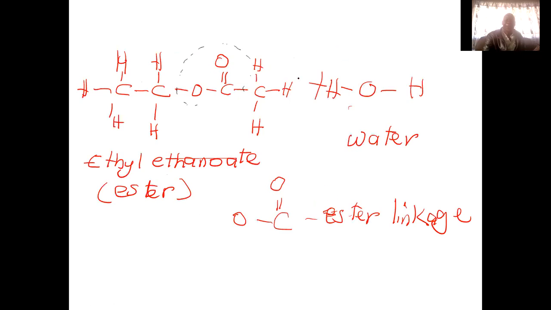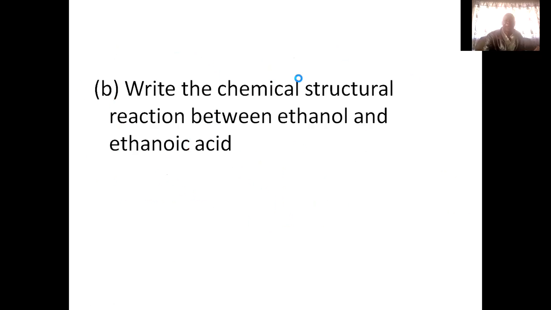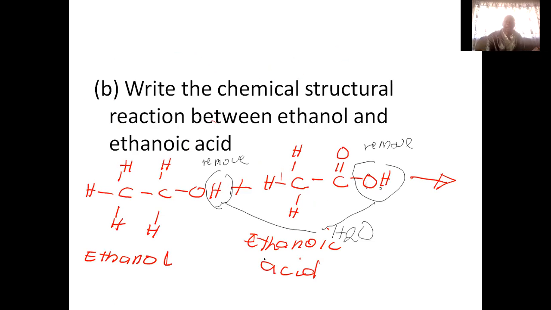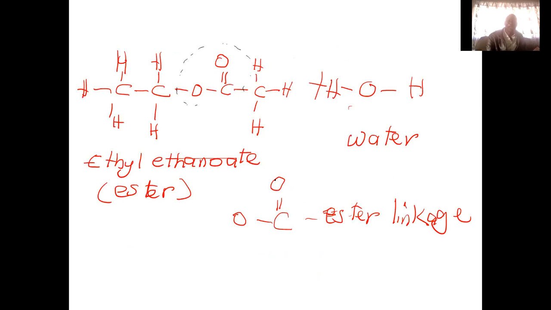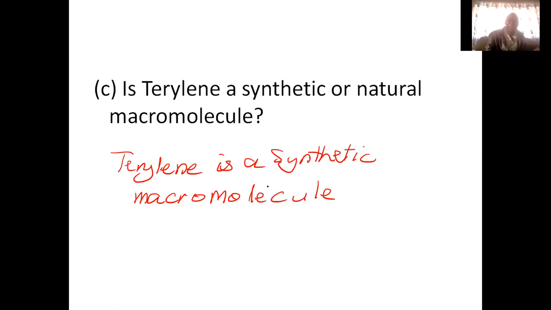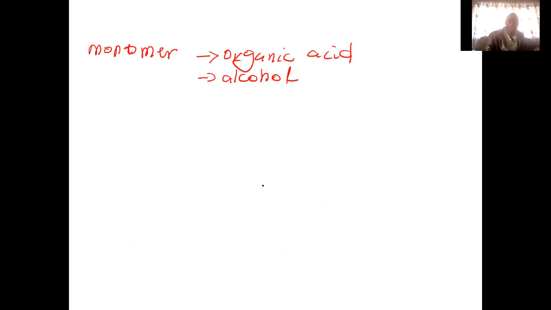You remember, if we go back here, we had ethanoic acid, which is an organic acid, plus ethanol, which is an alcohol. So we added them together to form ethyl ethanoate, which is an ester. So we expect an ester linkage here.